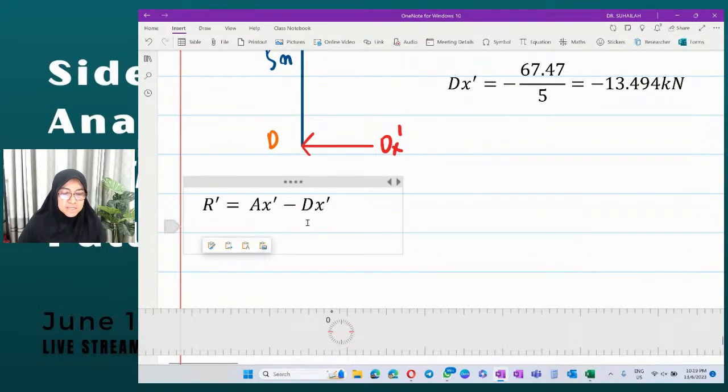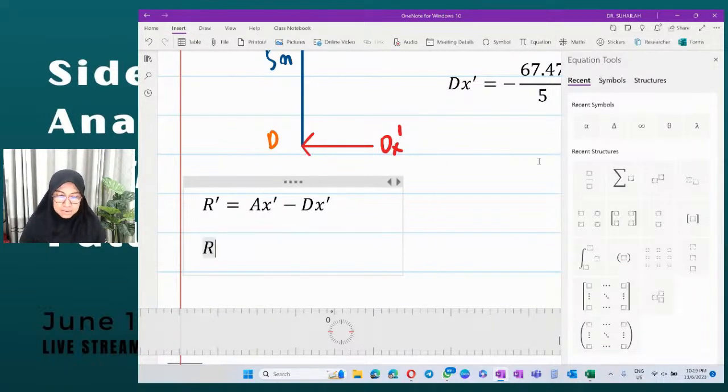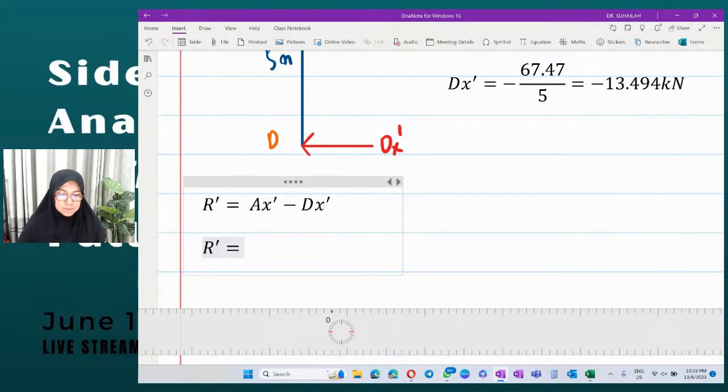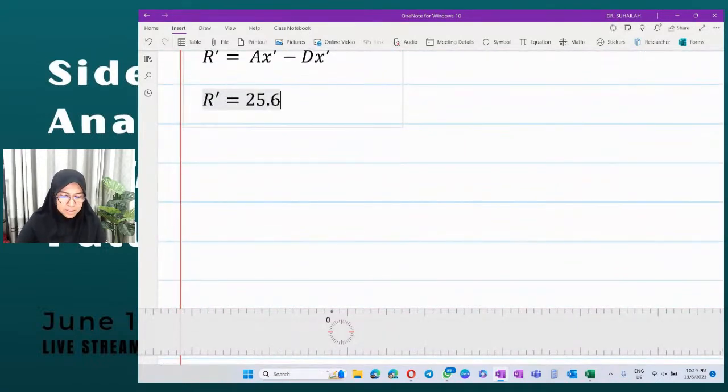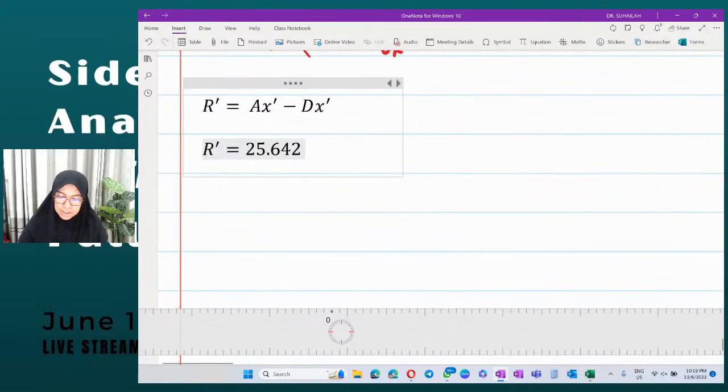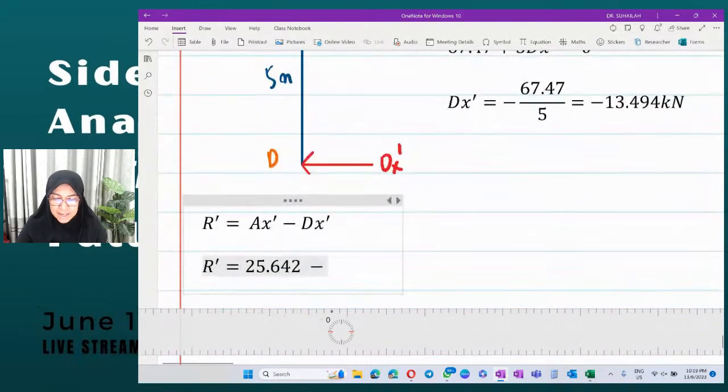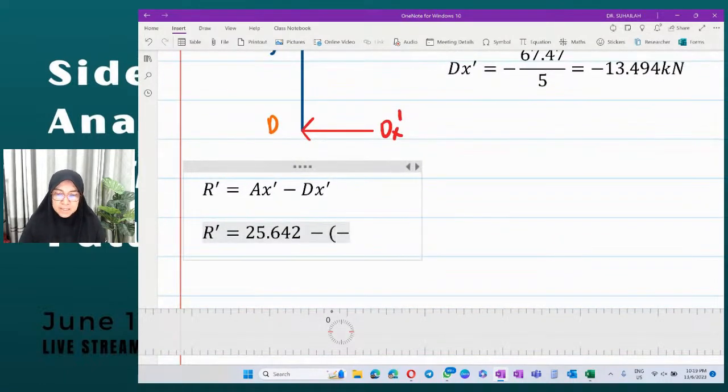Okay, we substitute into this. So we get R prime equal to 25.642 minus dx, so minus 13.494.